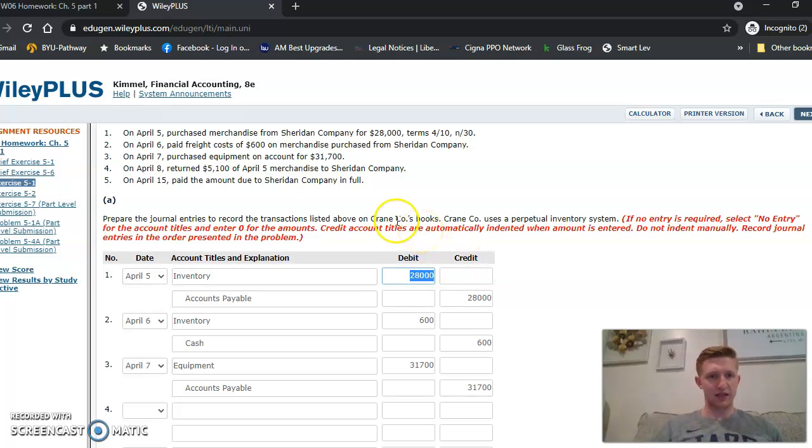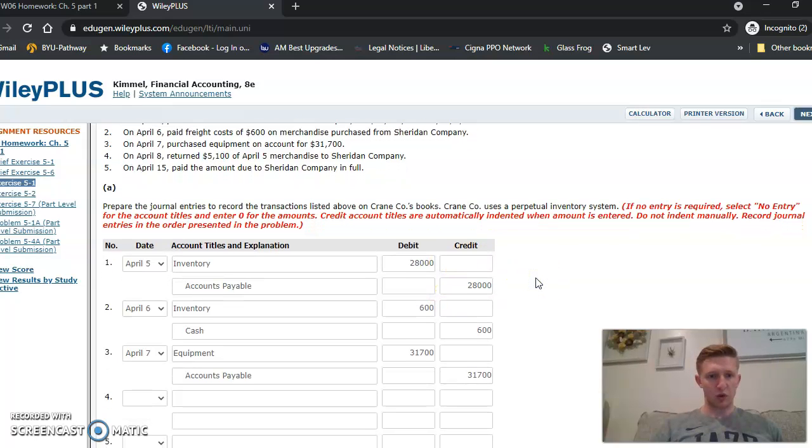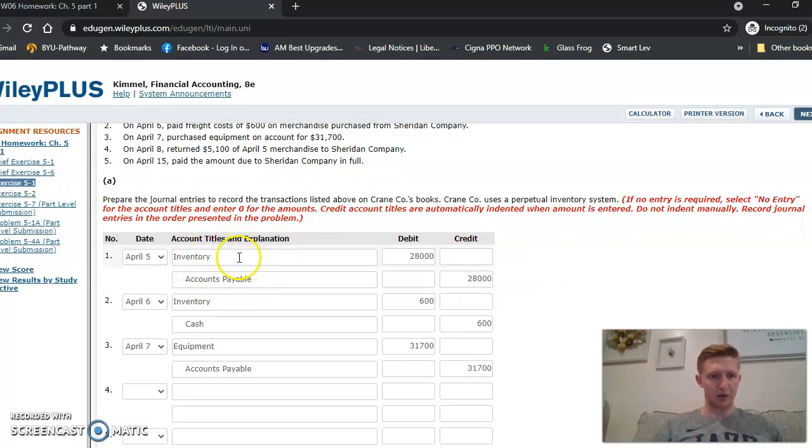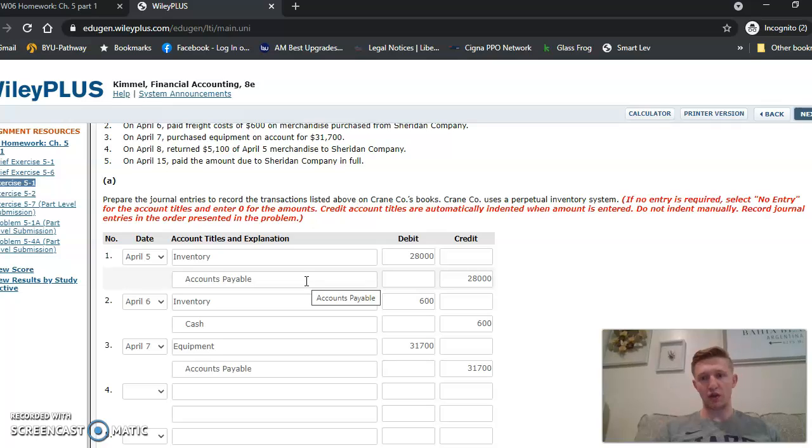But in this case, on April 8th, they're returning $5,100 of that 28,000. So in the first item, we did a debit to inventory and then a credit to accounts payable. So in order to show that that 5,100 was returned, we're essentially going to do the opposite here.